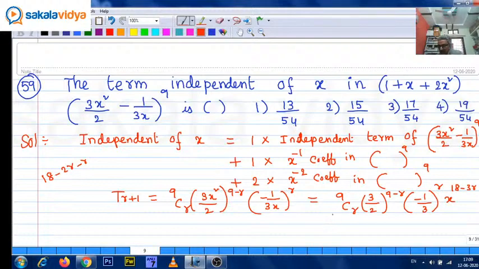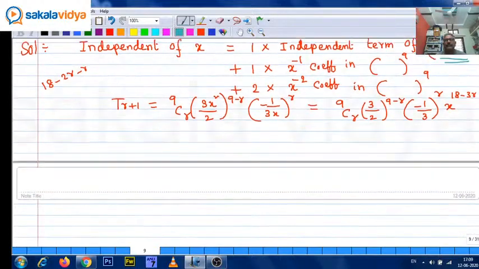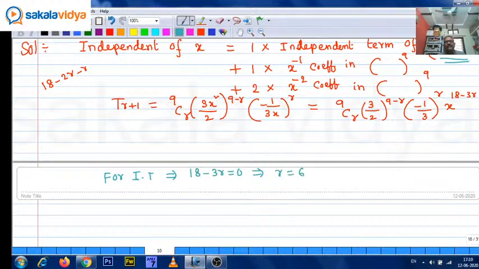To get the constant term, first let us go for this first step now. For the independent term, 18 − 3r equals 0. The r value will be 6.